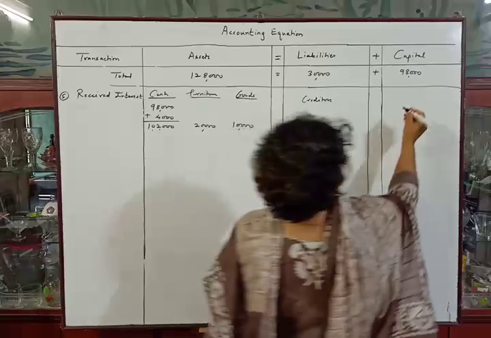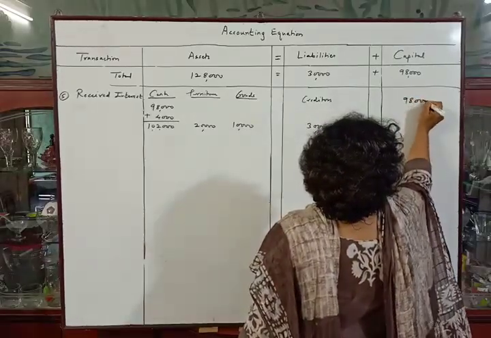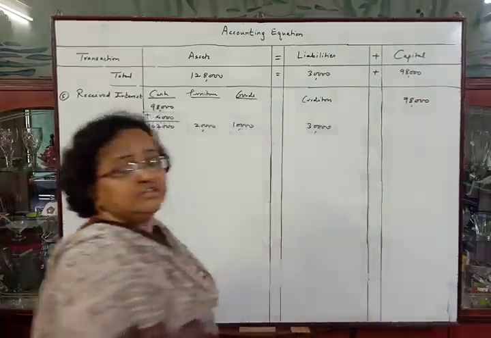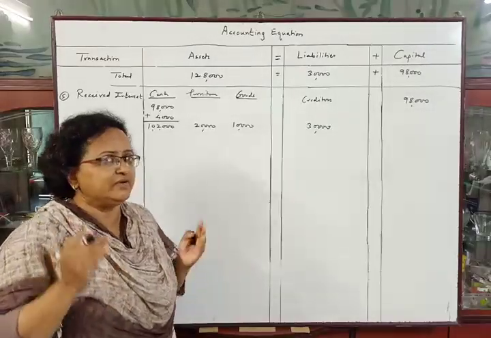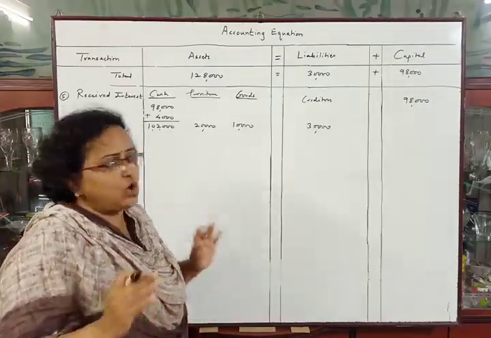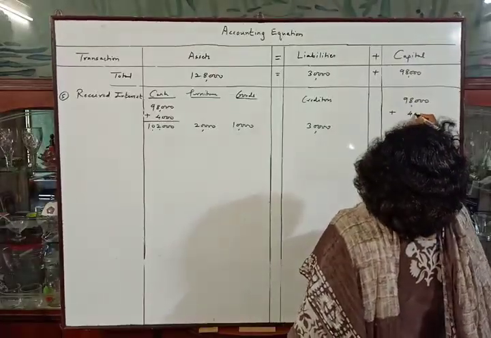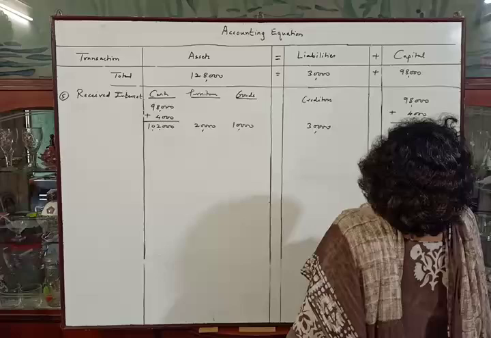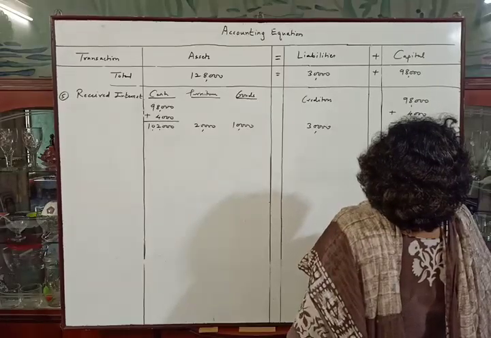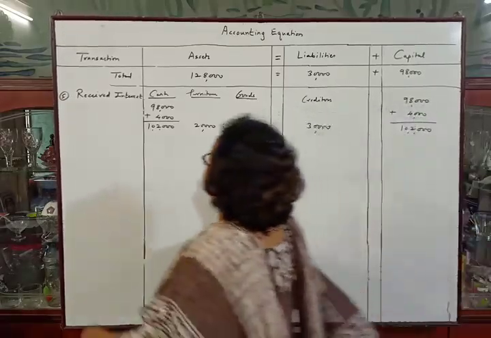And now the capital. Our capital was rupees 98,000, but when we receive interest, the interest will be our income, and income should be added always in capital. So we will add rupees 4,000 in this capital. So the total will be 1,02,000. And now let's tally.